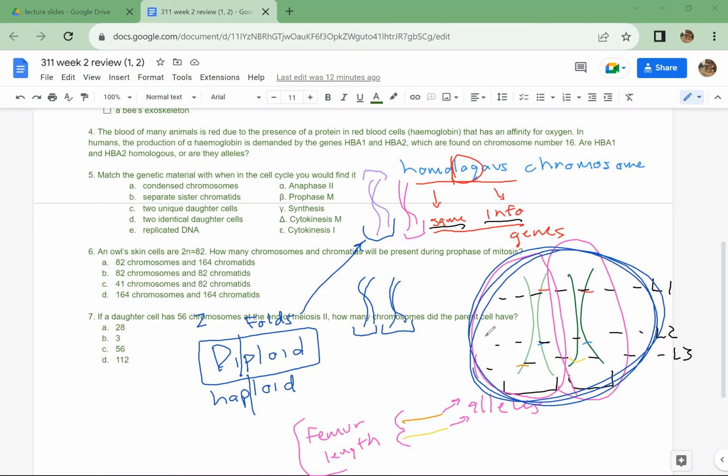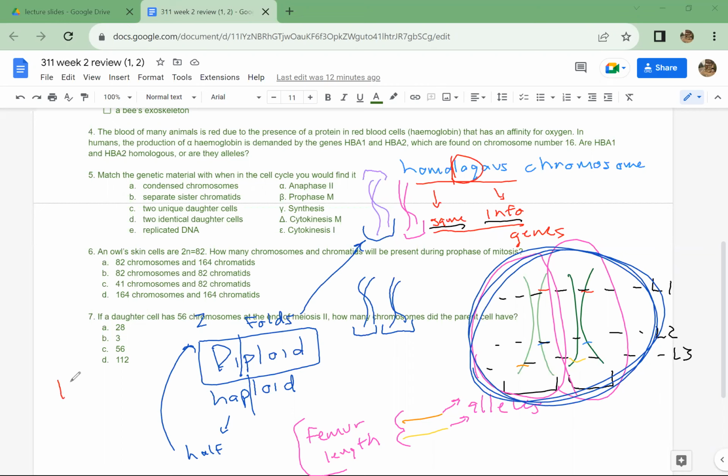We have 23. And haploid, conversely, hap I think of as meaning half. So half ploid, half the number of folds. And this is entirely in relation to the diploid number. So for example, plants are commonly not even diploid.